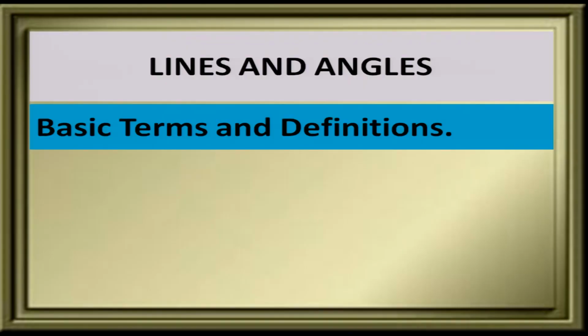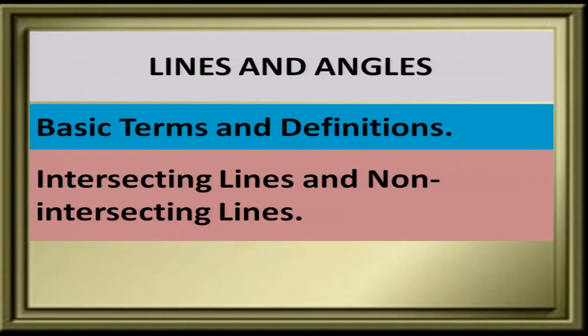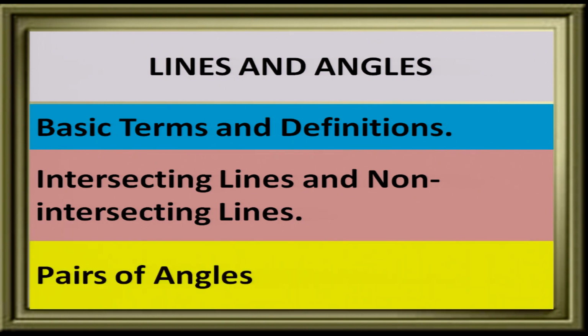Now today we are going to learn about some definitions, lines of angles, and intersecting lines and non-intersecting lines, and pairs of angles.